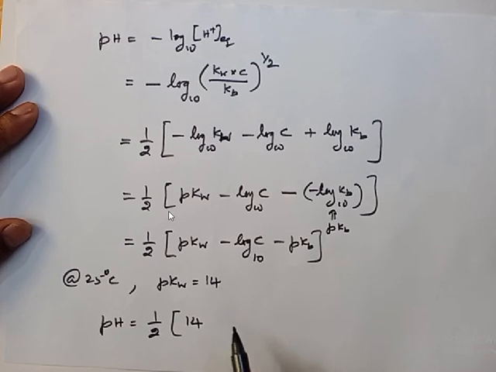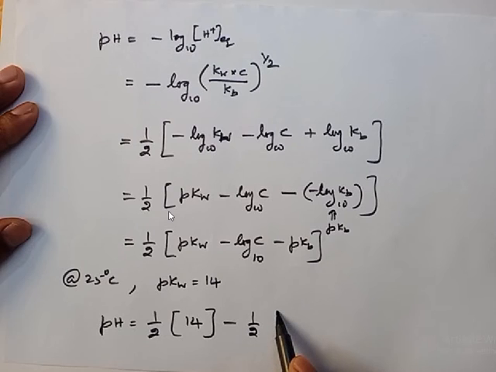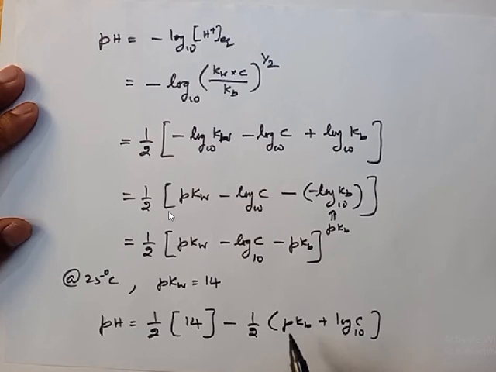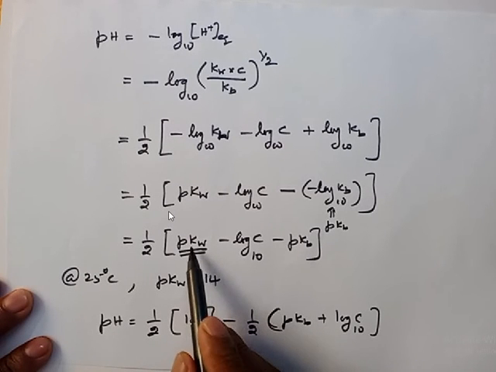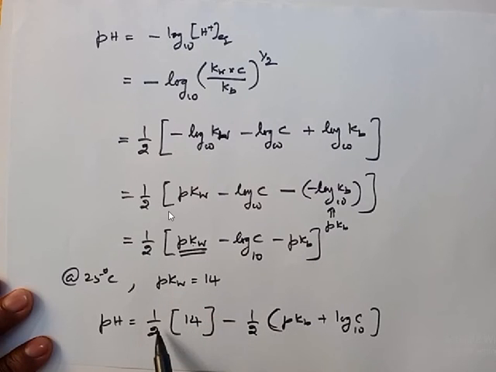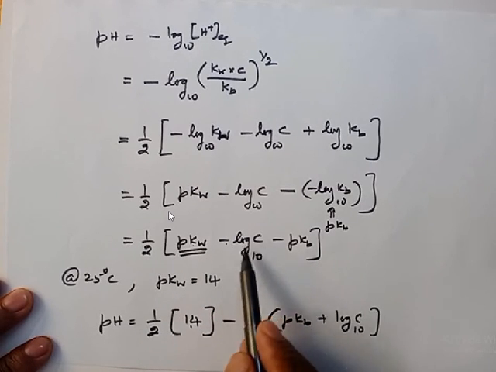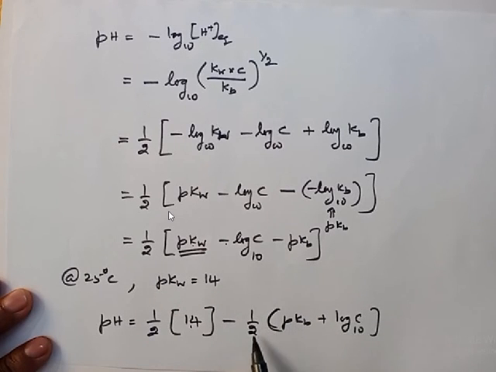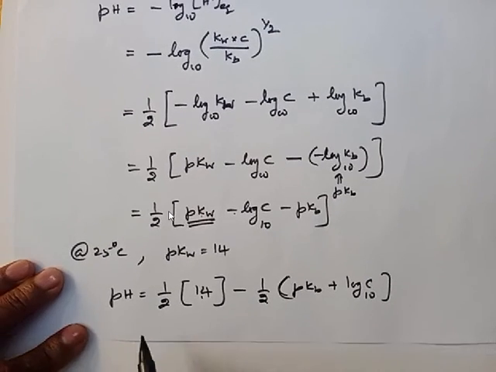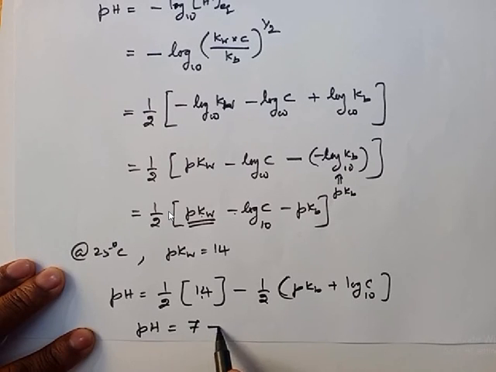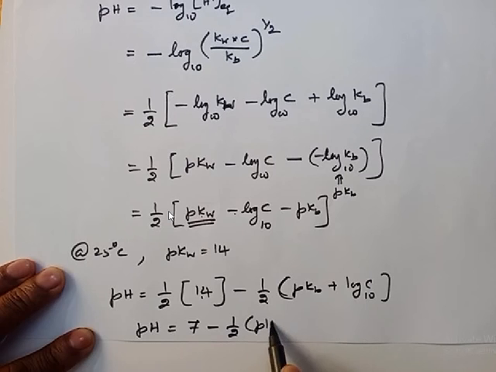Then I'll take minus common here, so 1 by 2 into pKb plus log C. What I did is, I substituted the pKw value here. pKw is 14, then I multiplied this with 1 by 2, so 1 by 2 into 14, and here I took minus sign as common and multiplied with the half, so minus 1 by 2 pKb plus log C. So if I divide 14 by 2, I'll get 7, so pH equal to 7 minus 1 by 2 into pKb plus log base 10 C.